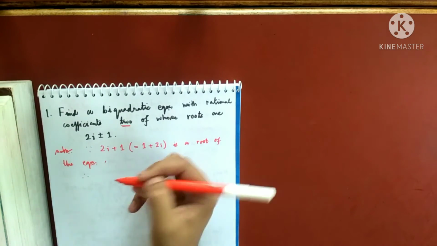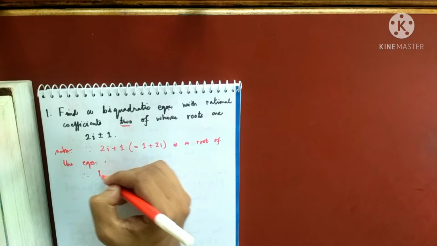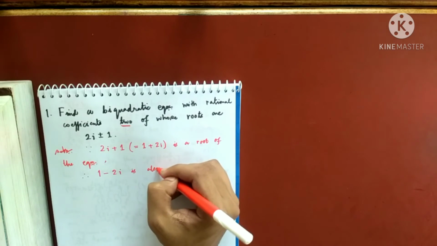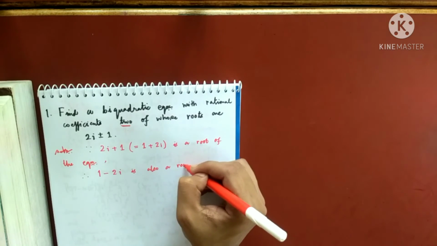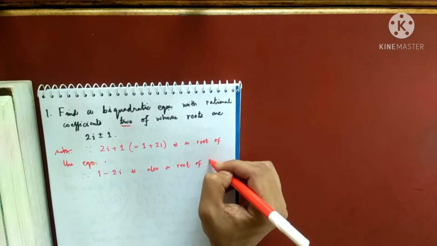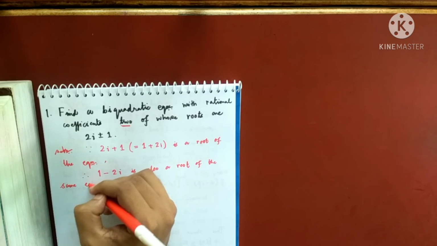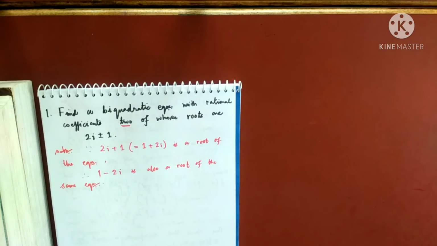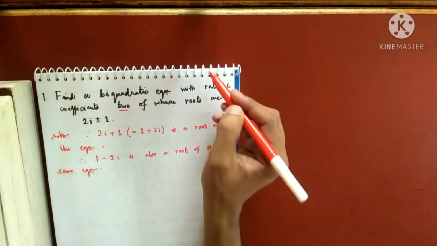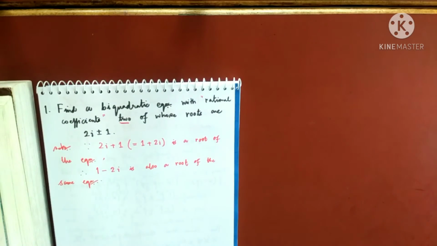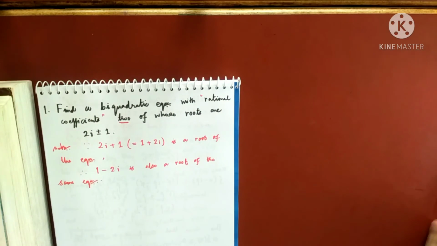Therefore, what can I say by the previous theorem? 1 minus 2i is also a root of the same equation. This is guaranteed by the previous theorem because I am finding the equation with rational coefficients, which are definitely real. Every rational number is a real number. So, did you get my point?